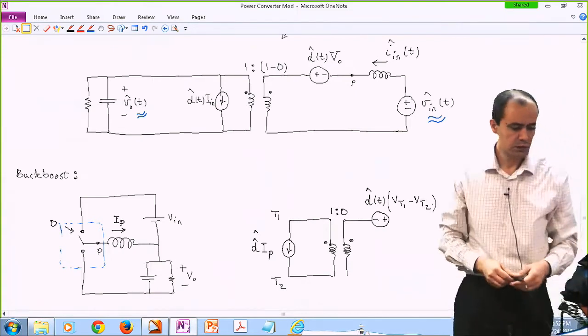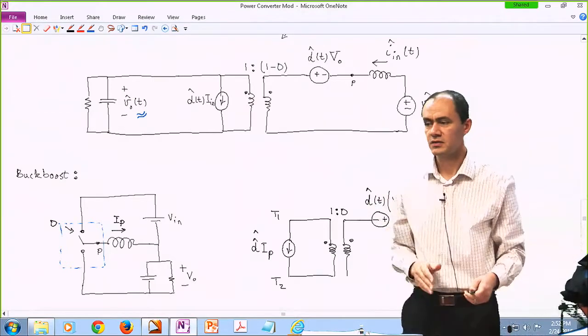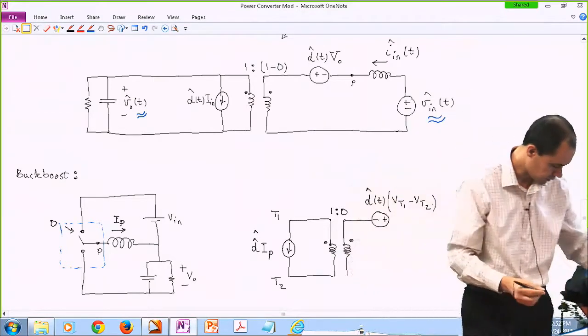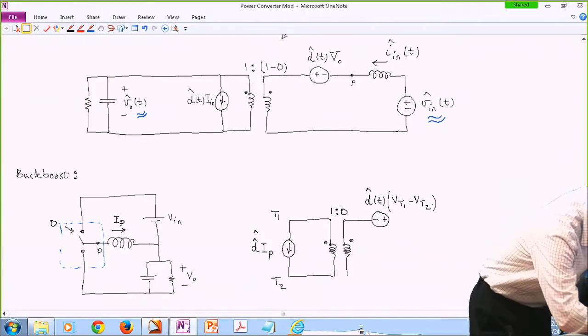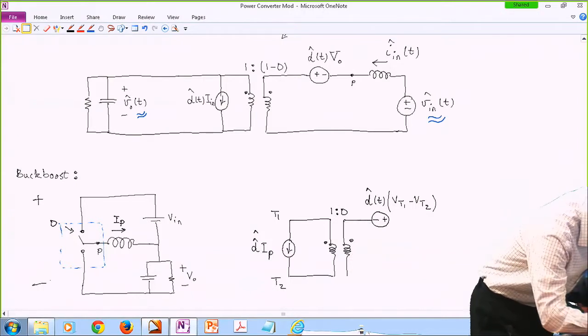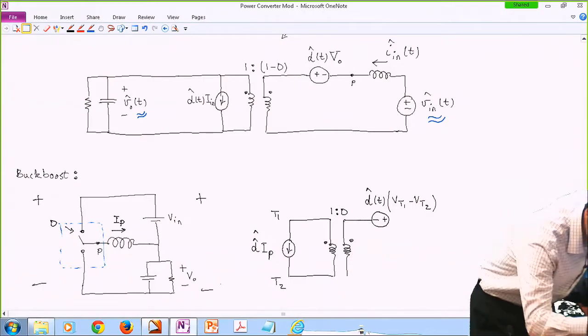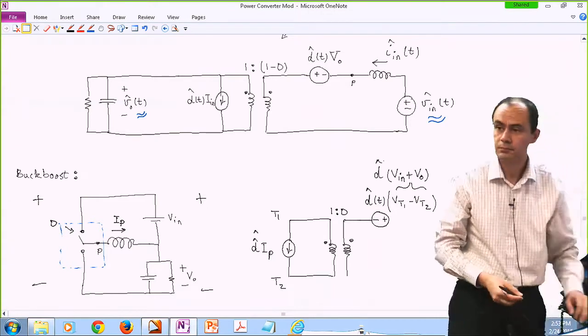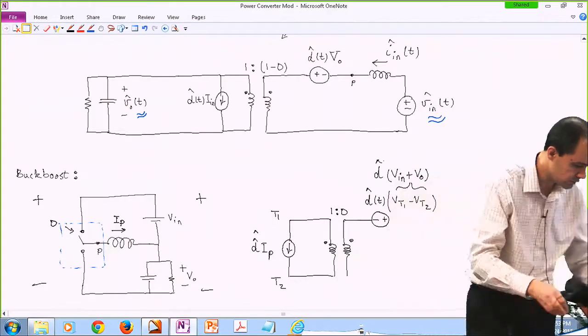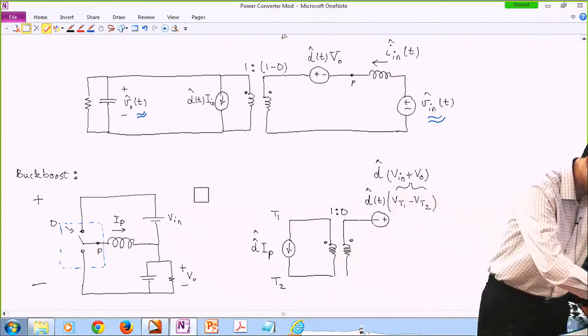Okay, we throw 1, again these are average values, we throw 1 minus we throw 2 turns out to be V in, basically this voltage from here to here, which is V in plus V out. All right, so there is no negative sign involved. Let me clean these a little bit.